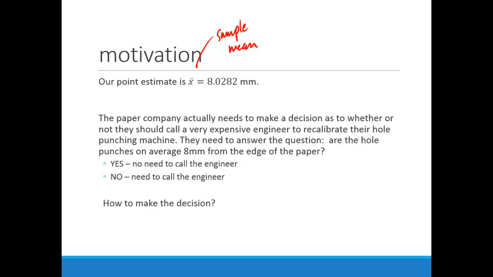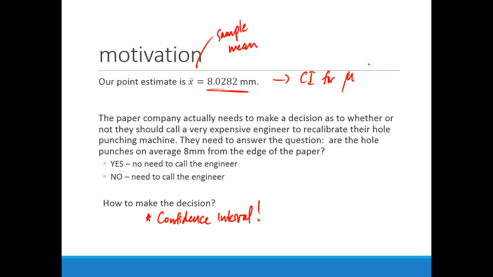Any thoughts, without looking ahead too far in your notes? Yeah, Kyle. Take a confidence interval. That's excellent. So we could calculate a confidence interval using X bar for mu, which is the true average distance from the edge of the paper. And how could I use that confidence interval?